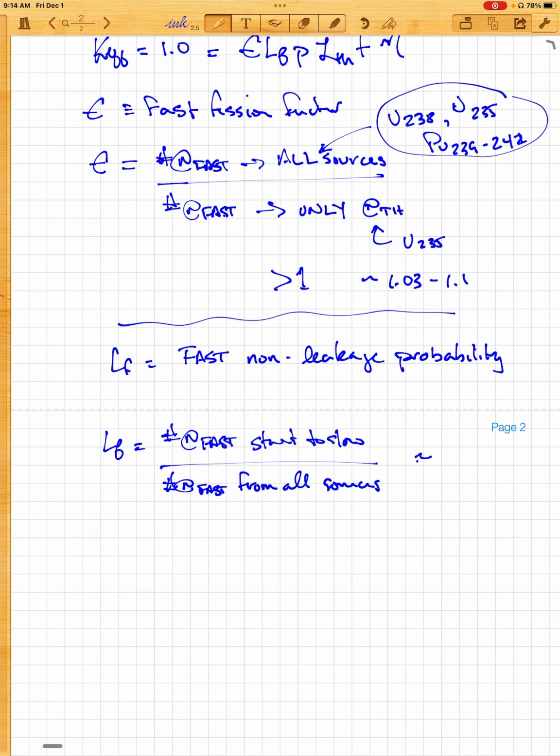And this is typically going to be about 96%, or 0.96. So that means 4% of the fast neutrons that are born are going to escape the core. That's not very many. And we actually read power on our excore nuclear instruments from that 4% of neutrons escaping the core.